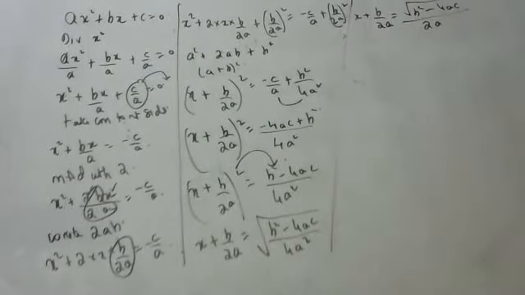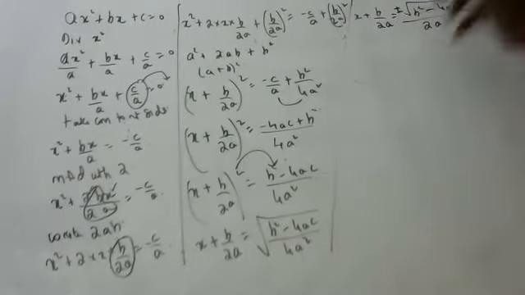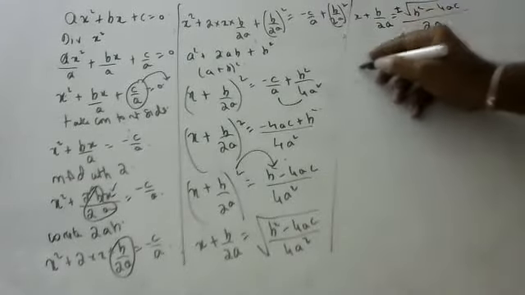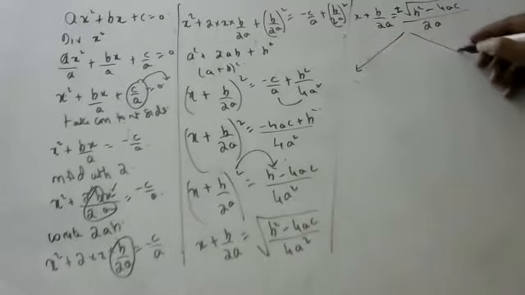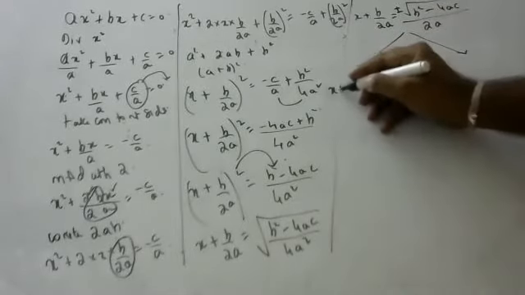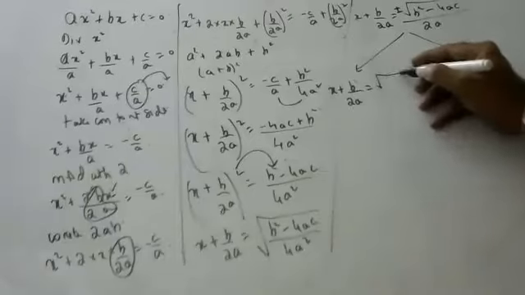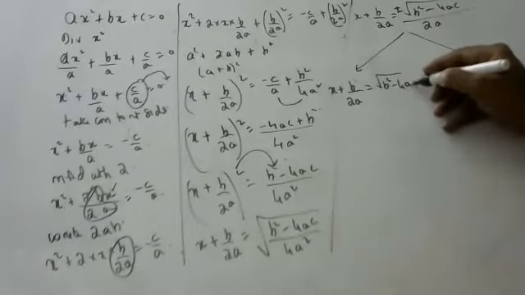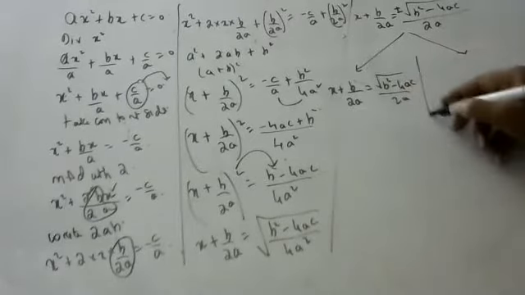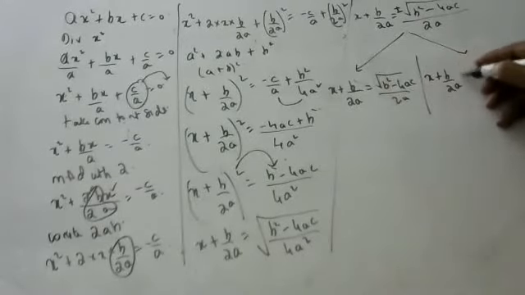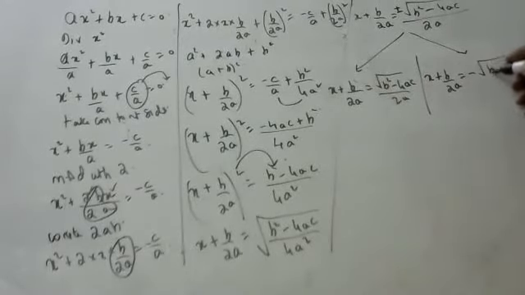Because we have removed the square, we can put plus or minus. Once we will do with plus, once we will do with minus. What is plus? X plus b by 2a is equal to root of b square minus 4ac by 2a. What is minus? X plus b by 2a is equal to minus under root of b square minus 4ac by 2a.